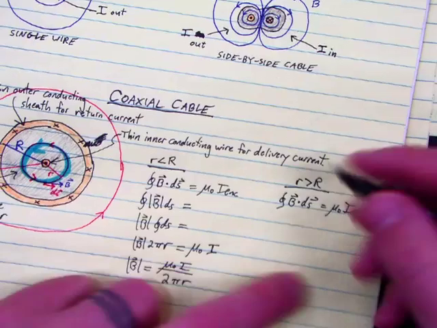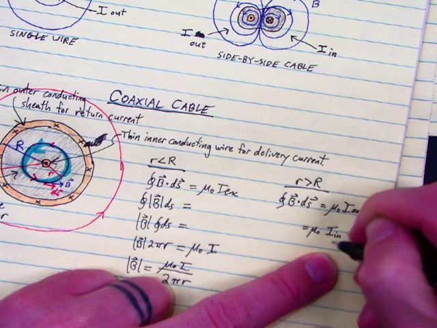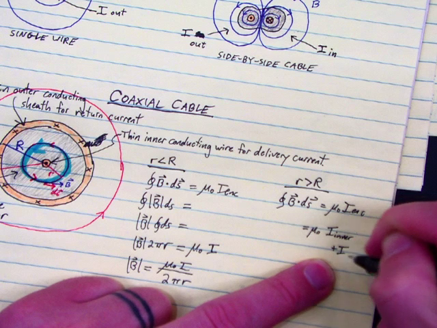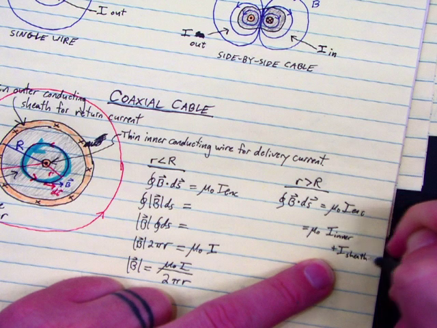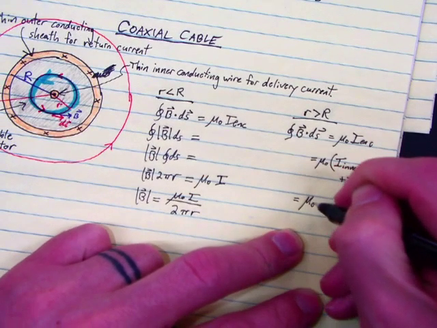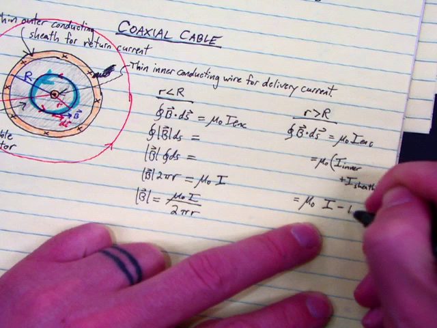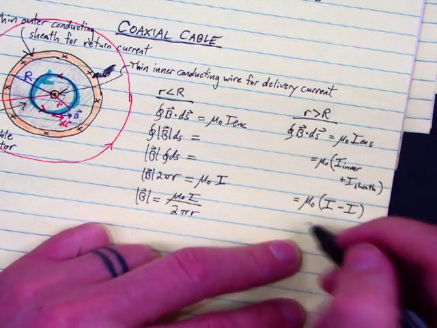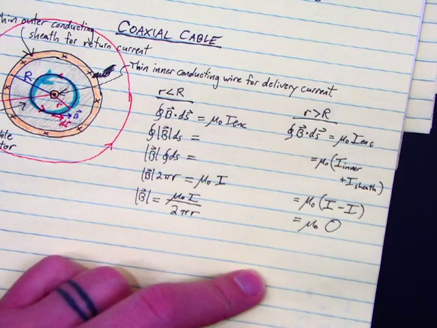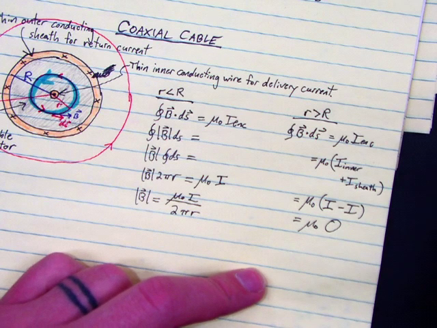So our current enclosed is the current on the inner wire, plus I, plus the current returning through the outer sheath, which is a minus I. The net current penetrating through our Amperian loop is 0. The total current enclosed is 0.